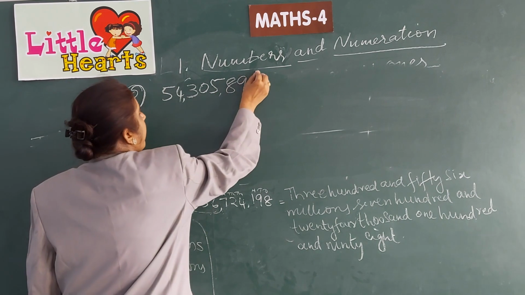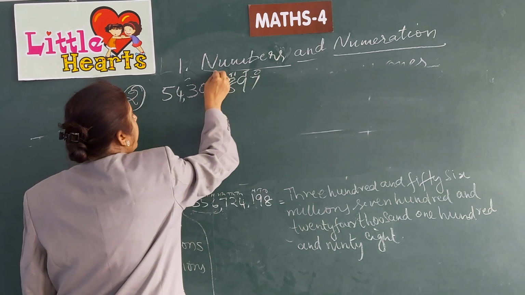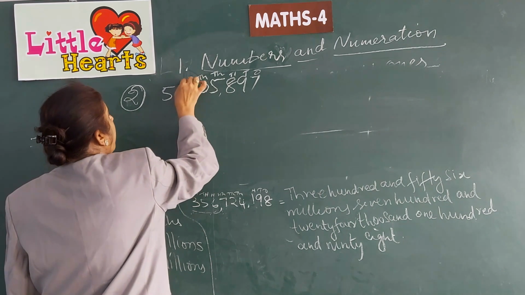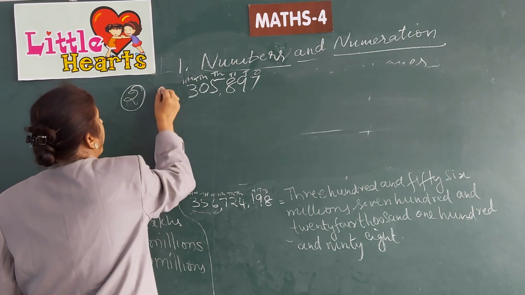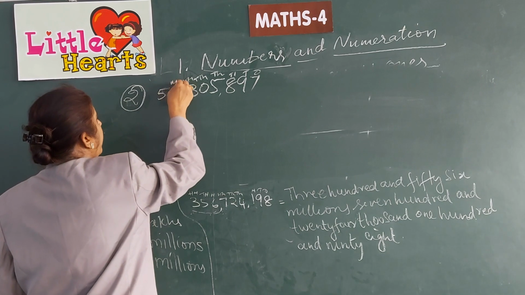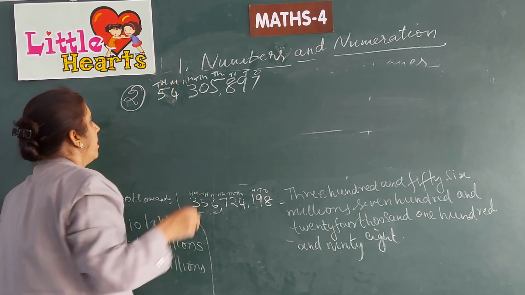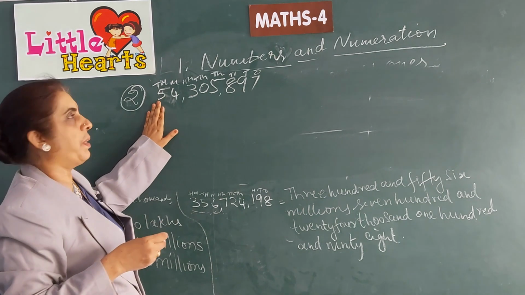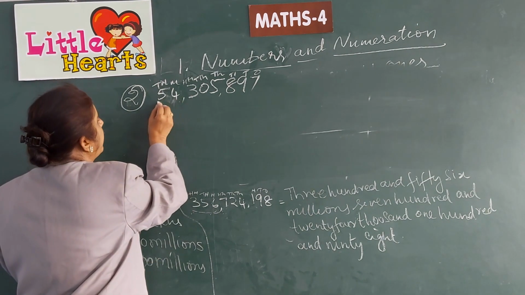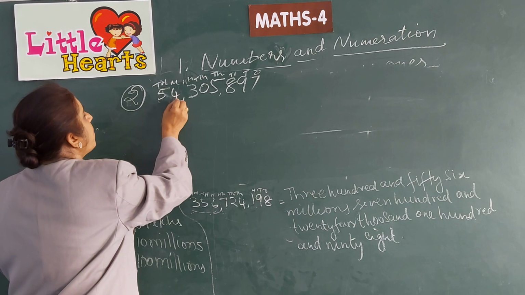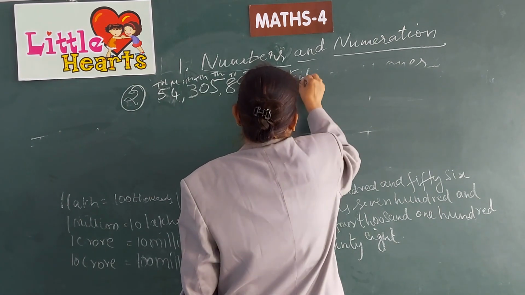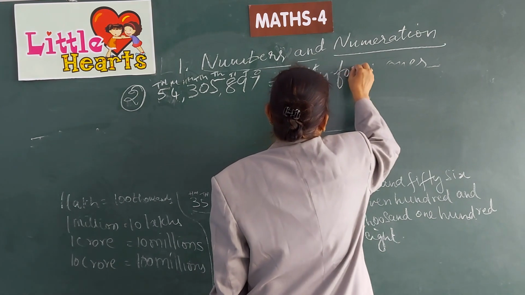Now write the places: ones, tens, hundreds, thousands, 10,000s, 100,000s, millions, 10 millions. Only two digits are given in the millions period. Read these two digits together after the comma. 54 millions.